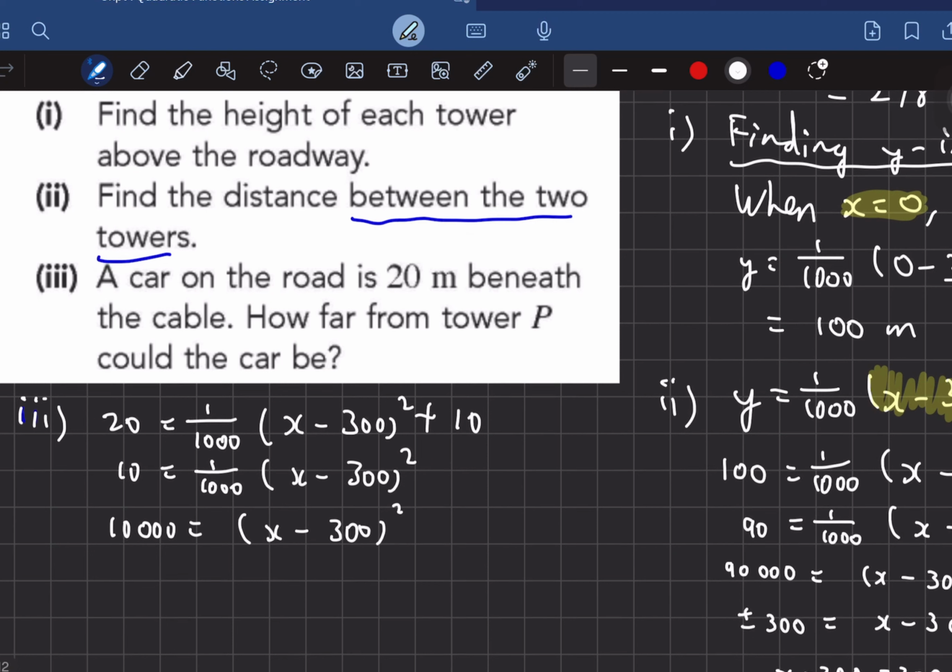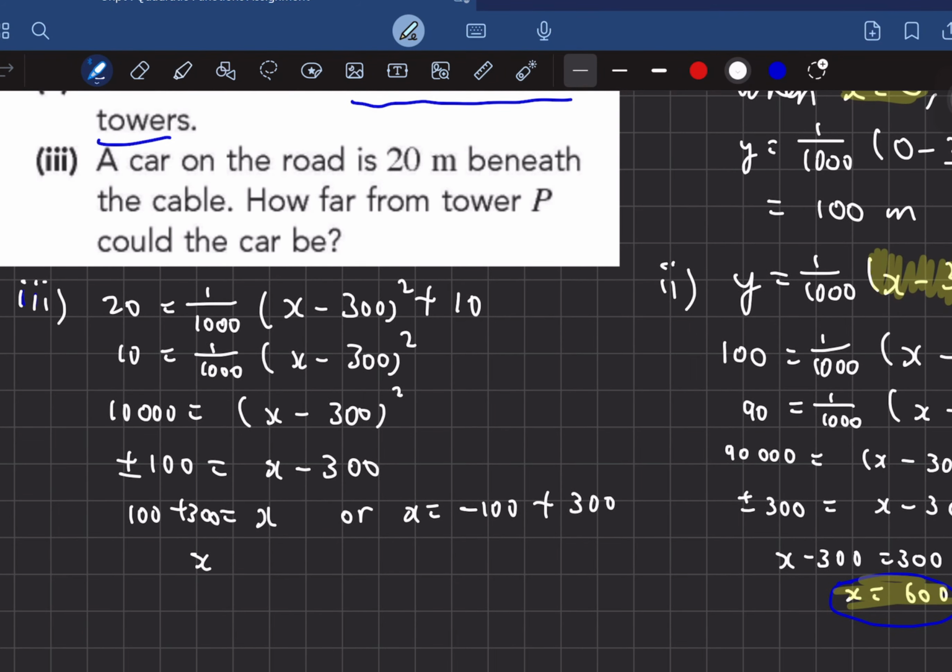I will square root both sides, so I have plus minus 100. So my x equals 100 plus 300, or x equals negative 100 plus 300. So I have two answers, x equals 400 or x equals 200.